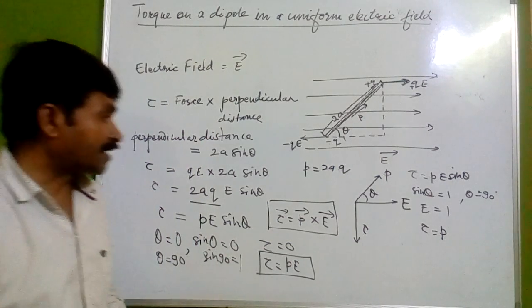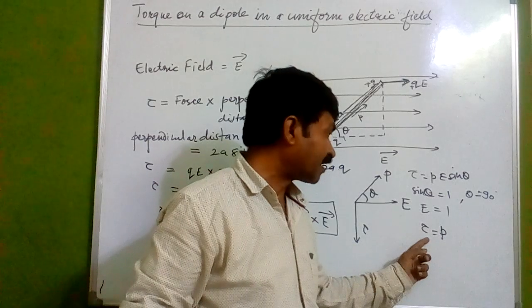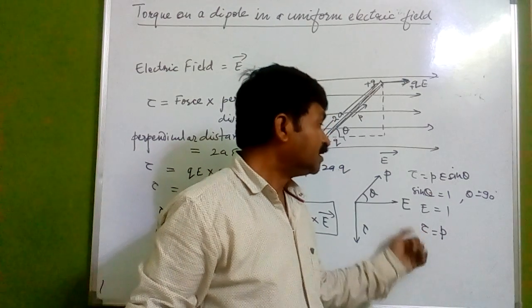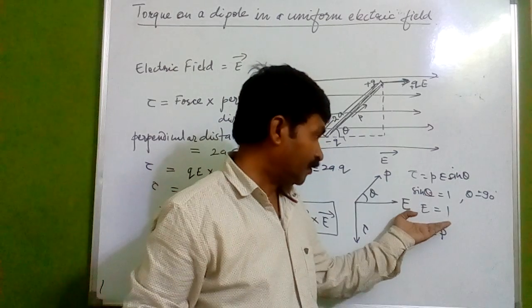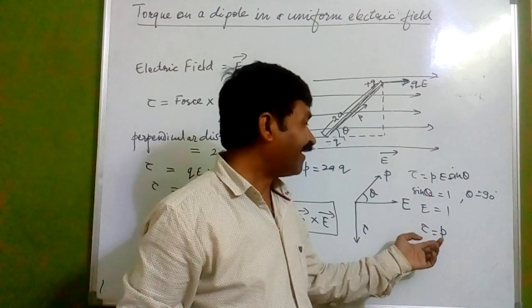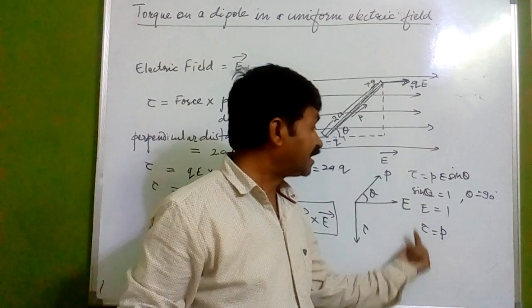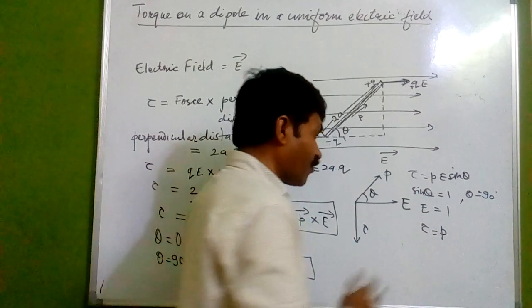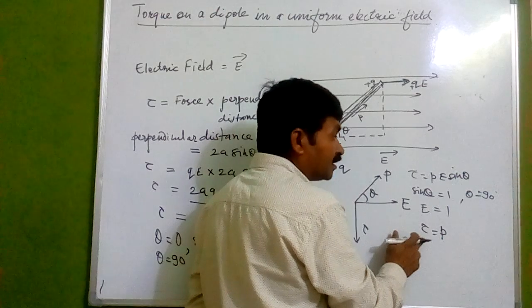Then we can say that the dipole moment is equal to that torque which is developed in a uniform electric field of unit value, making an angle of 90 degrees with the electric field.